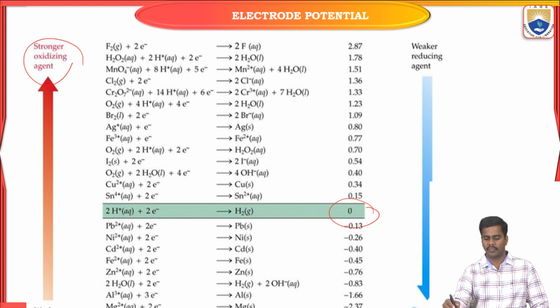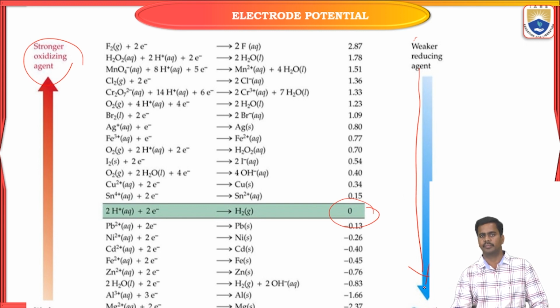So as we go from top to bottom in this table, reducing power increases.